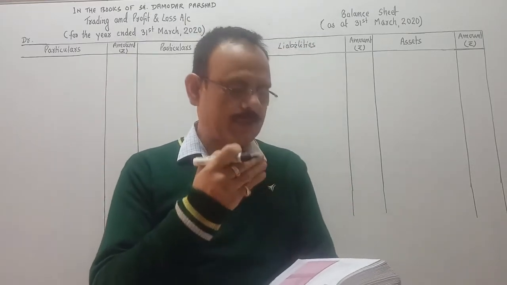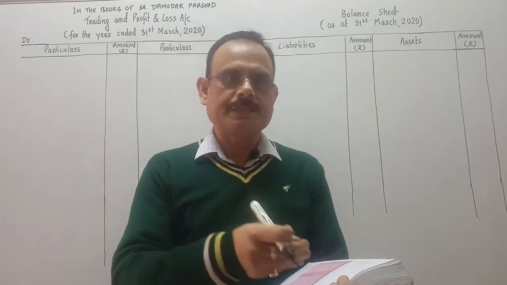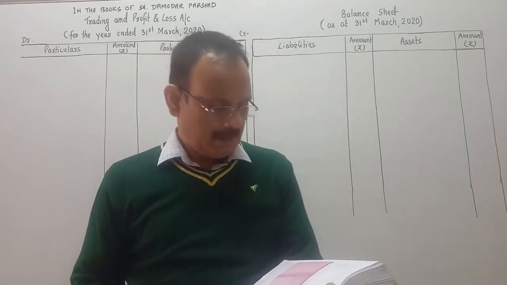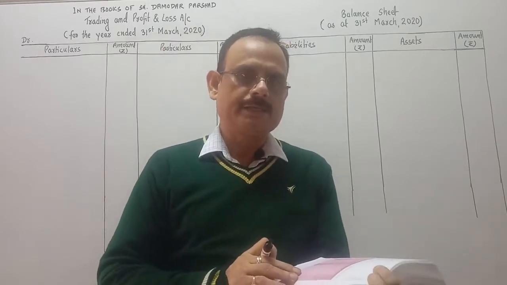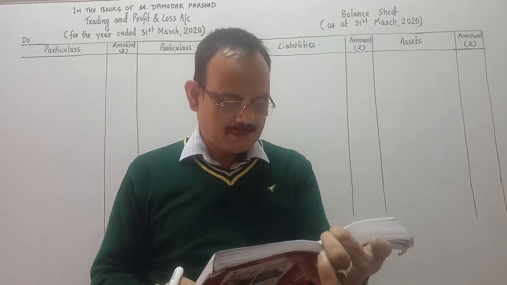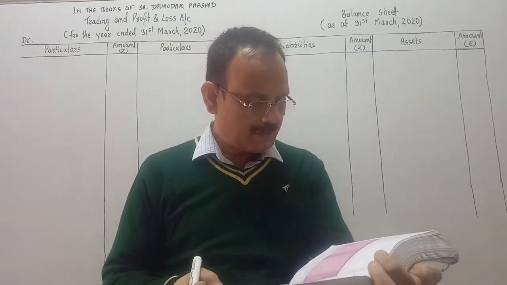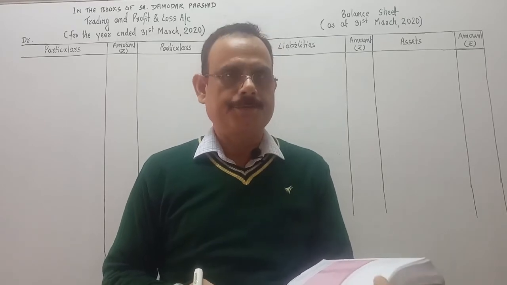Thereafter purchase, wages, return and so on. In the credit balance, discount received and so on is given. At the bottom of the trial balance you see: prepare trading and profit and loss account for the year ended 31st March 2020 and balance sheet as at that date.